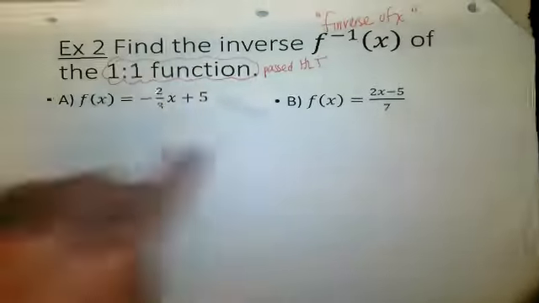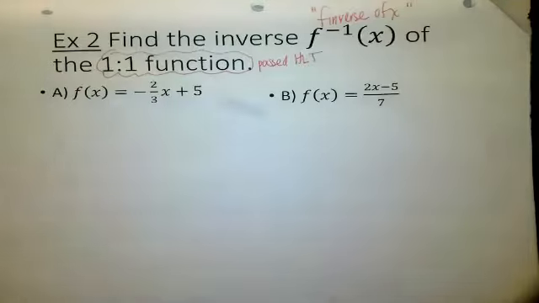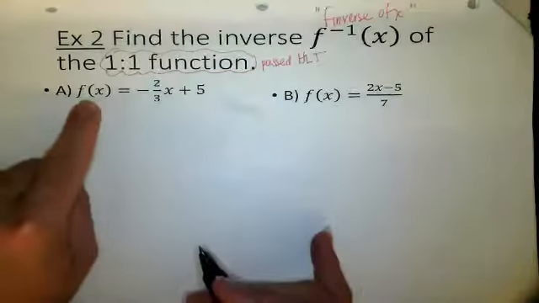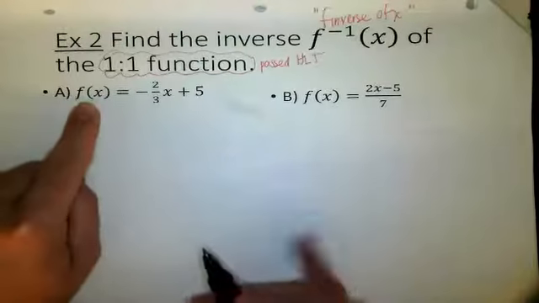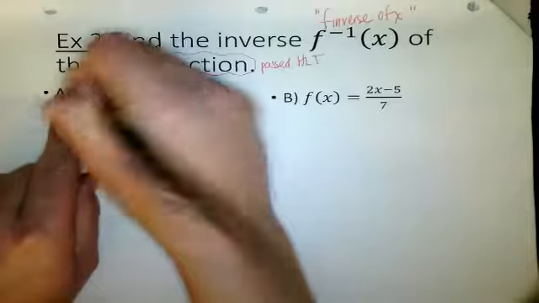So it's confirmed that it's passing the horizontal line test. So this is an equation, and that equation happens to already pass the horizontal line test. So that means that we're allowed to find the inverse. We can do it algebraically, and it's kind of the same way. So first of all, f of x is just like fancy for y.